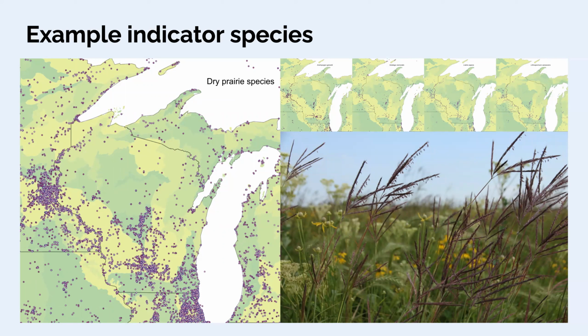So I've got 4 species in the upper right that are dry prairie species. And if you take these and other species as well and put them together, you get this kind of broad pattern. You can kind of draw maybe a shading of where these are most abundant in the state. More in the southern part of the state, and then pretty good cutoff as you head up into the north of the tension zone area.